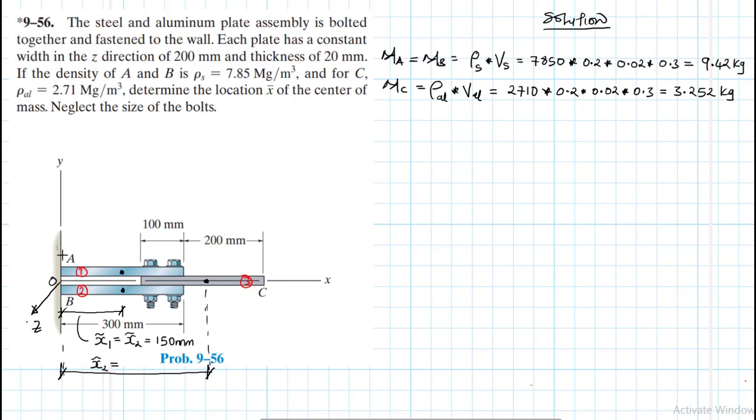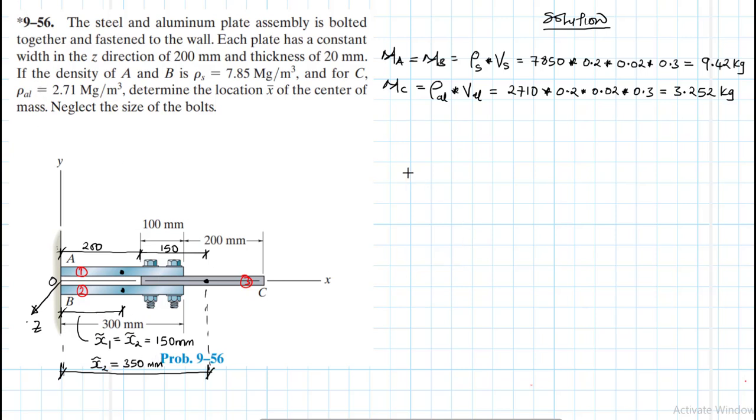From there to there is 200, and then from the mid span there is 150. So this is 200 plus 150, which is 350 millimeters. Great.